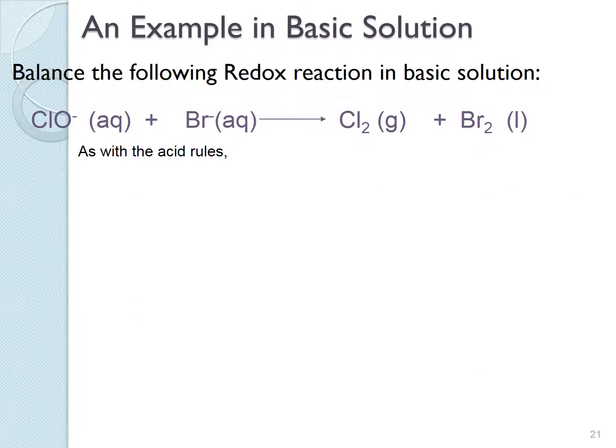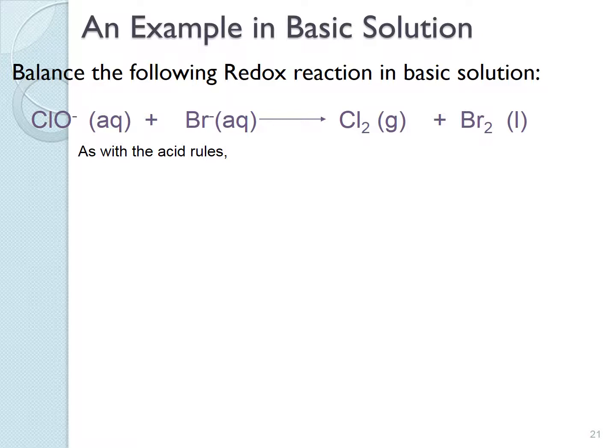All right, so let's balance the following redox reaction in a basic solution. However, I highly recommend just doing it as we've already been doing it for acidic solution, and then do the final correction at the end. So the first thing we want to do is find out what's being oxidized and what's being reduced. Actually, it's probably pretty straightforward.